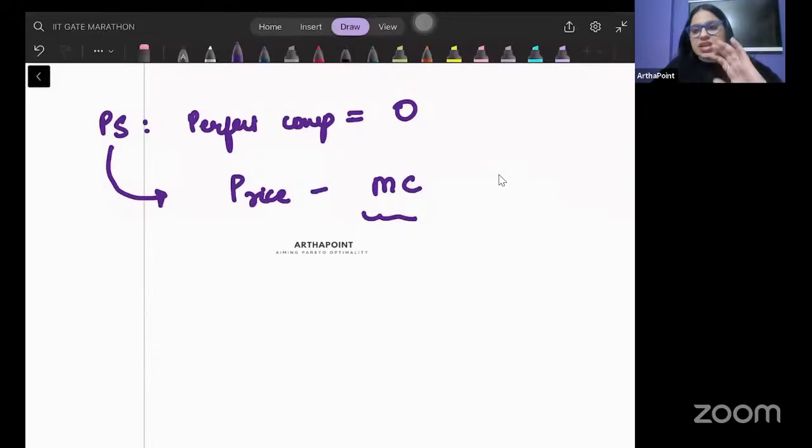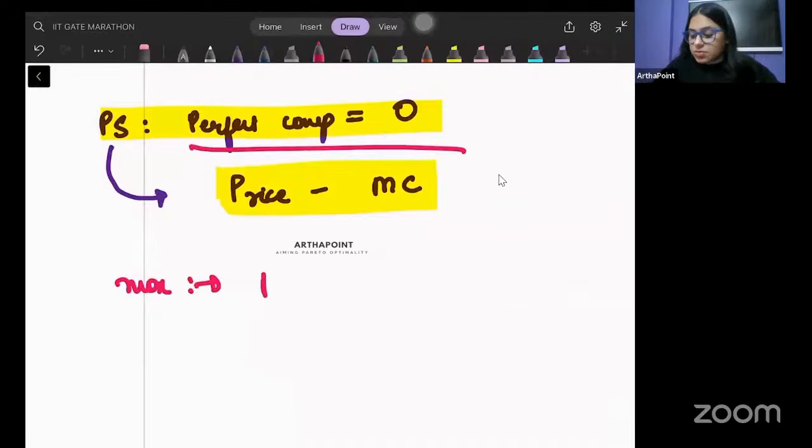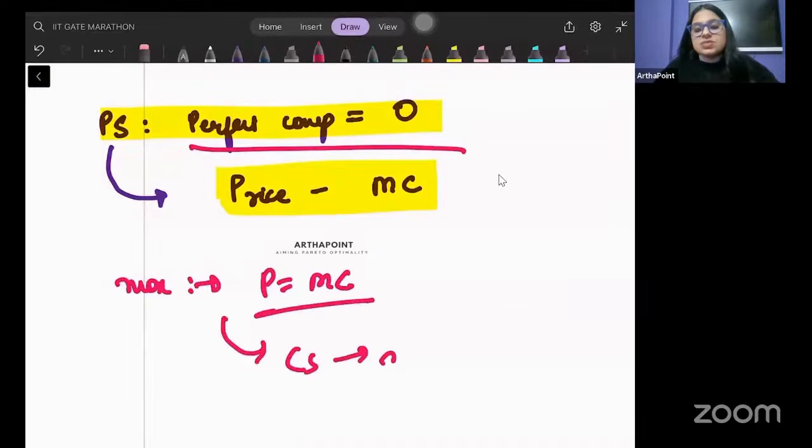The minimum I can sell is at my cost. So suppose I can sell at 10 rupees, but I'm able to sell at 20 rupees. So 10 rupees is my surplus. But for perfect competition, since price and marginal cost are equal only, there is no producer surplus. But the consumer surplus is maximum. Because the producer is charging minimum price possible, the consumer surplus is maximum.